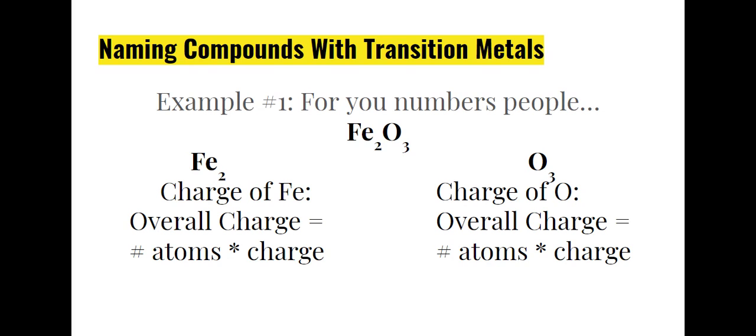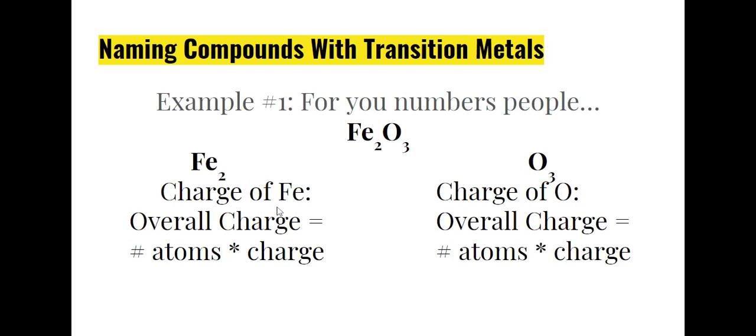Okay, so if you said -2, then you're right. Oxygen has a charge of -2, and there are 3 atoms of oxygen, which means that the overall charge is -6.